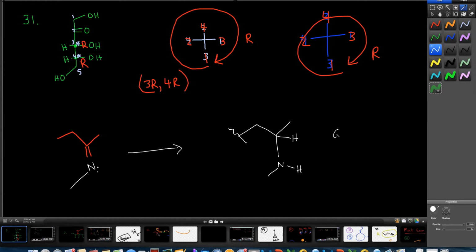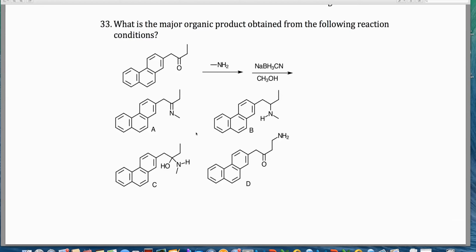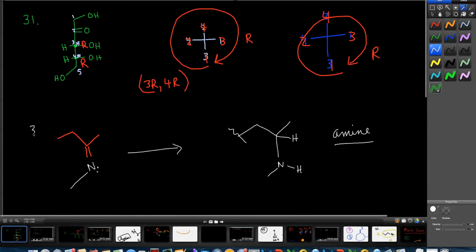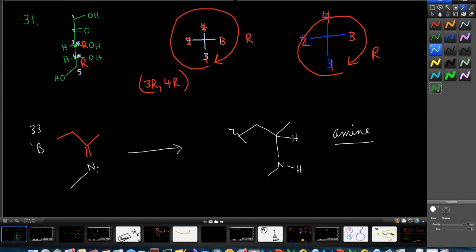And so you're going to get an amine product. And if we look at our answer choices in number 33, A doesn't work, C doesn't work, D doesn't work, only B works. So the credited response for number 33 is going to be B.